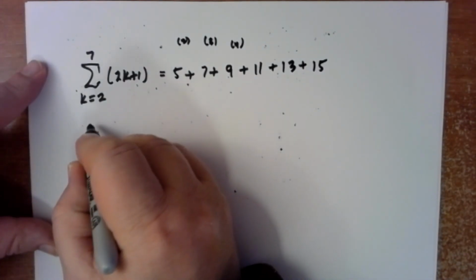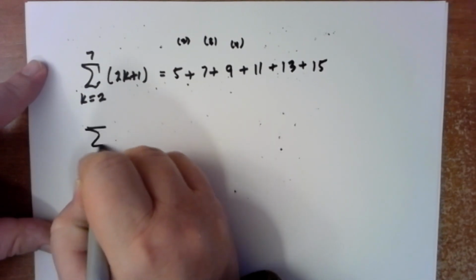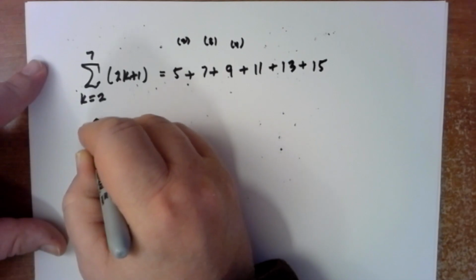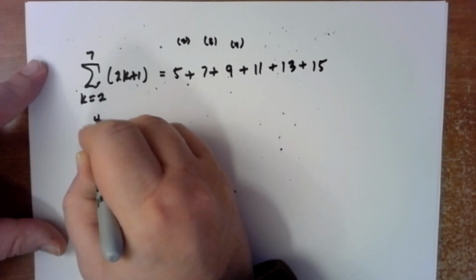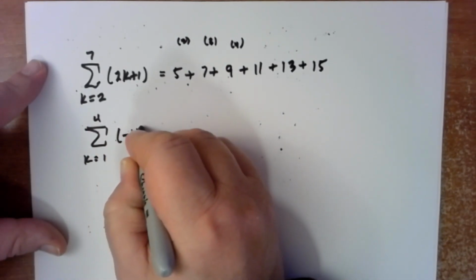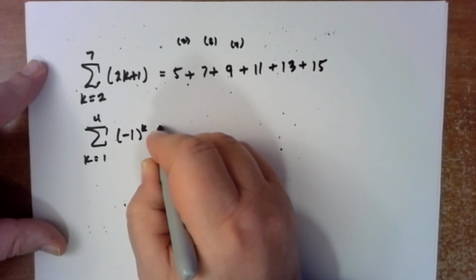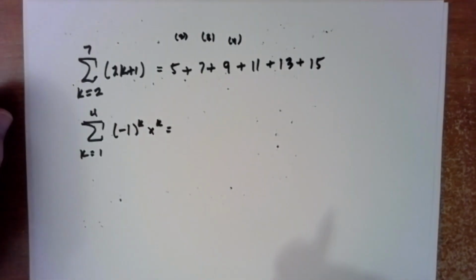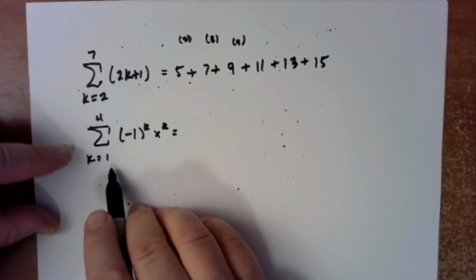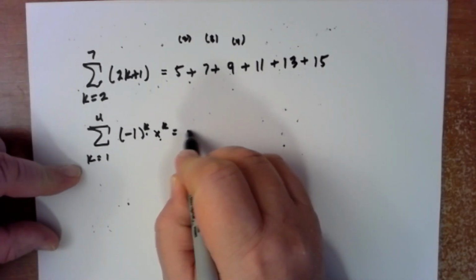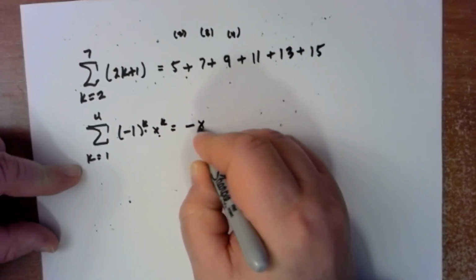Good. How about one more here? Because this is also a common thing to see. The sum from k equals 1 to 4 of minus 1 to the k power times x to the k. Okay, so what are we summing now? If I start with k equals 1, I would just have minus 1 times x, which is minus x.